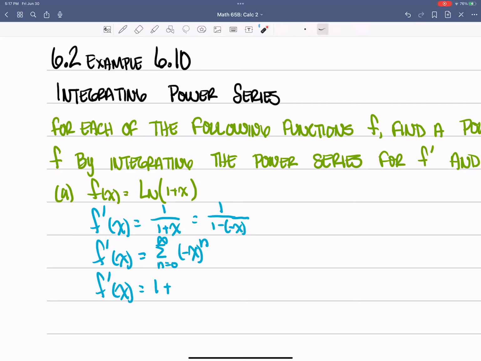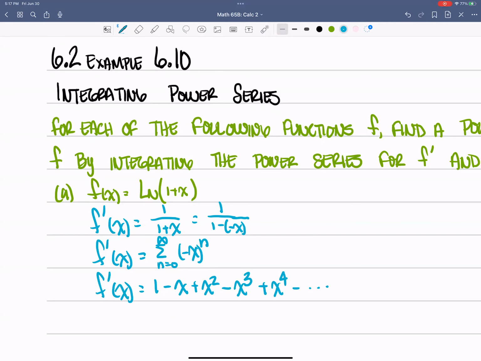When we plug 1 in for n, we get a negative x. When we plug 2 in for n, we get a positive x squared, minus x cubed, plus x to the fourth, minus x to the fifth. I don't think we need the rest of those.